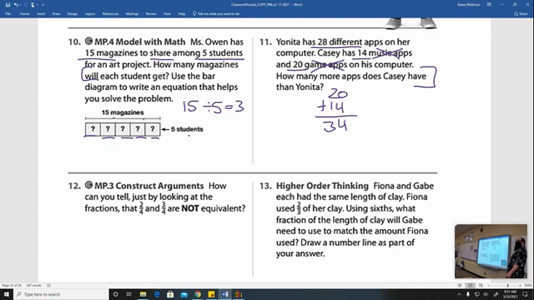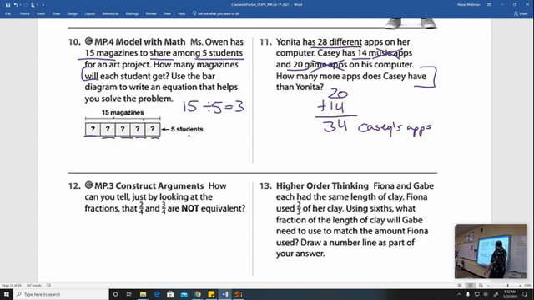Now what do we do next, Jack? Well, we already took the 14 and 20. We added those together. So we got Casey's number, right? Casey's apps. What did you get for an answer, Jack?